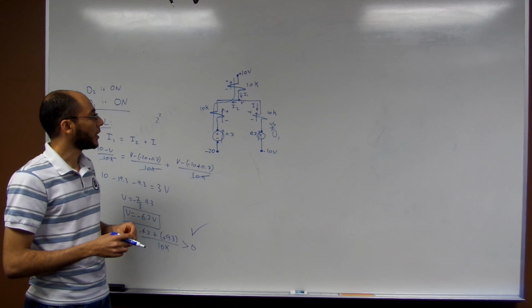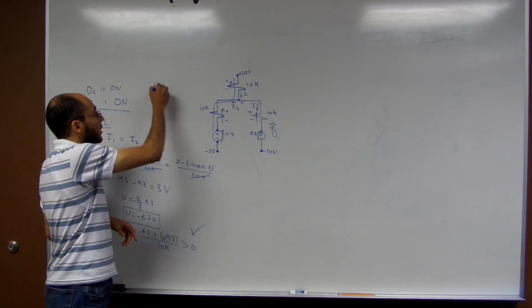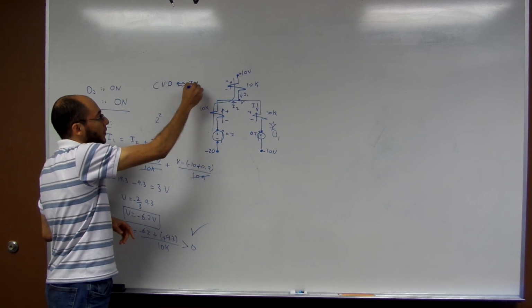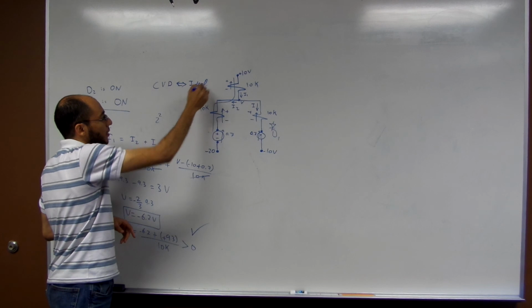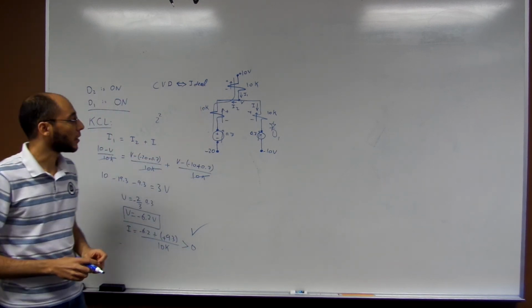And as you can see, another point, which is the constant voltage drop model is not that different than the ideal model. Only the difference is in assuming a battery instead of a short circuit.